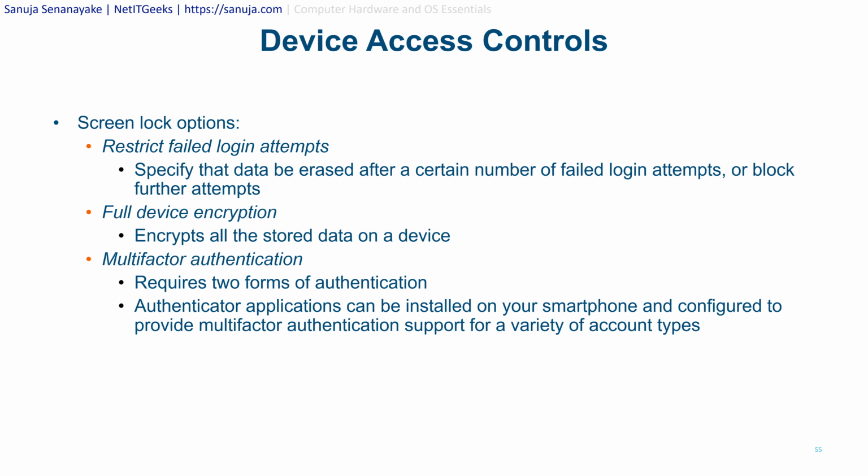Multi-factor authentication is another method of securing your device that requires two forms of authentication to access the device or certain features or apps. The authenticator applications can be installed on your smartphone and configured to provide the multi-factor authentication support for a variety of account types. So it is a two-way street.